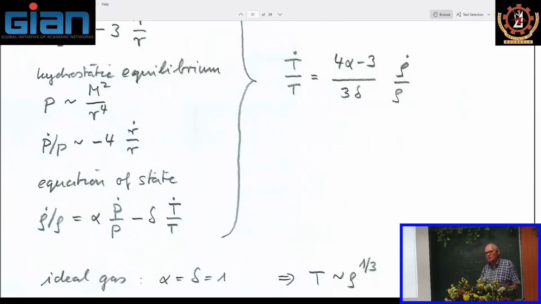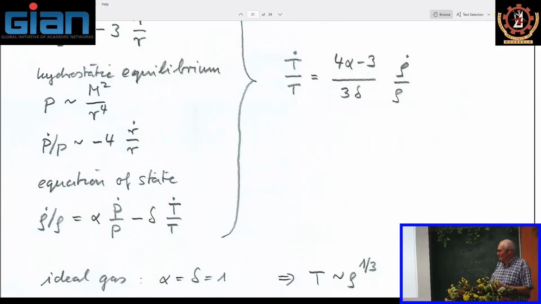So if we want to keep the degree of degeneracy constant, then the temperature has to rise with the density exactly with rho to 2/3. If we want to stay in a non-degenerate state, then the temperature has to rise faster than rho to 2/3.